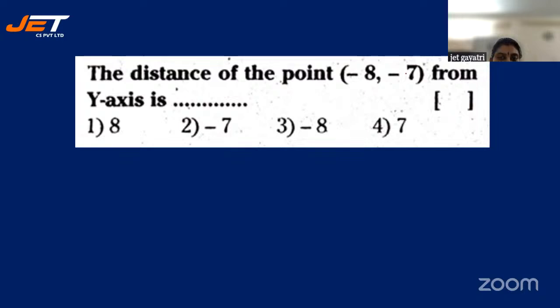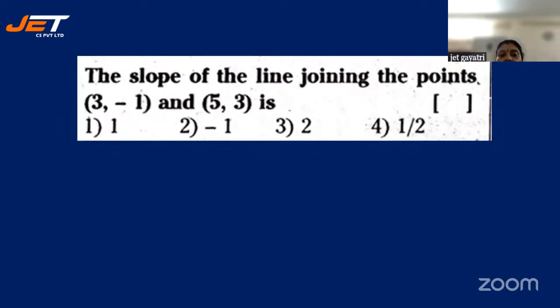Nitin says 8. Waiting for the answers. All right, let's see. It is 8. So from y-axis means x should be positive, isn't it? All right. So consider positive value only. All right. See the next question.